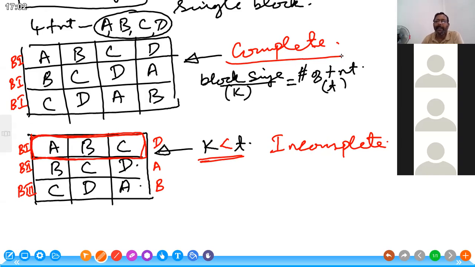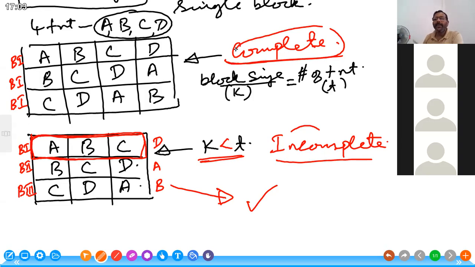If you come to master level, we will learn it. We are not going to learn those designs in this course. We always learn complete, so that is why RCBD, randomized complete block design.